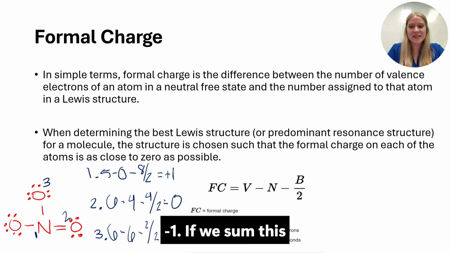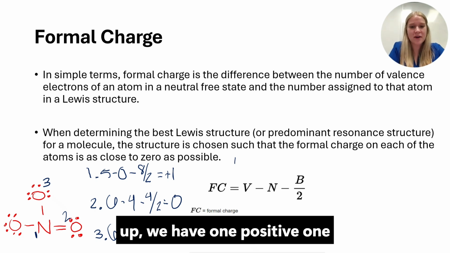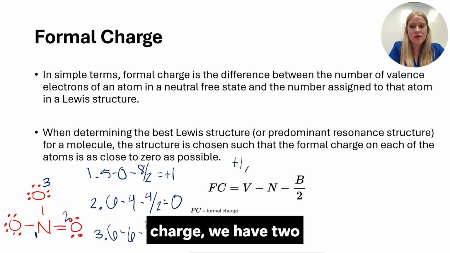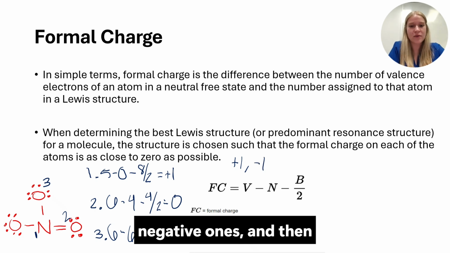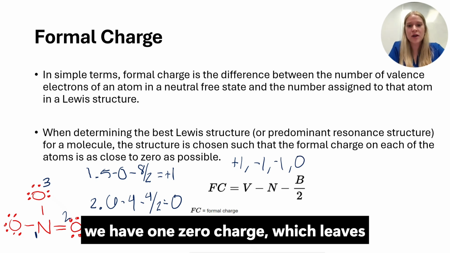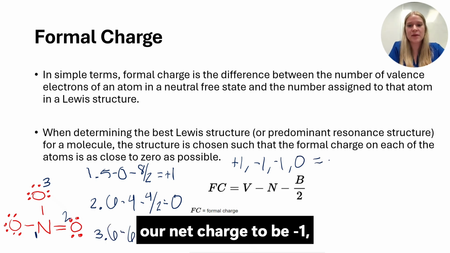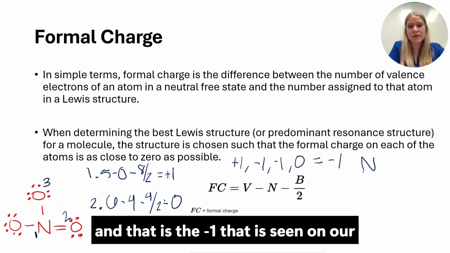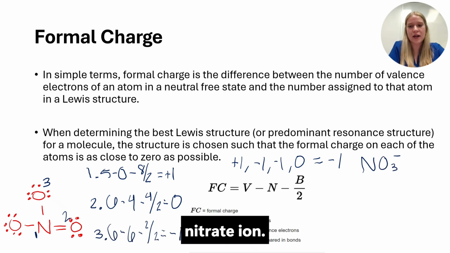If we sum this up, we have one +1 charge, two -1 charges, and one 0 charge, which leaves our net charge at -1, and that is the -1 seen on our nitrate ion.